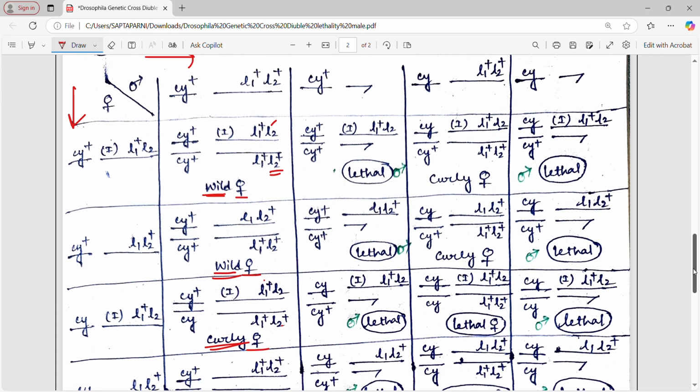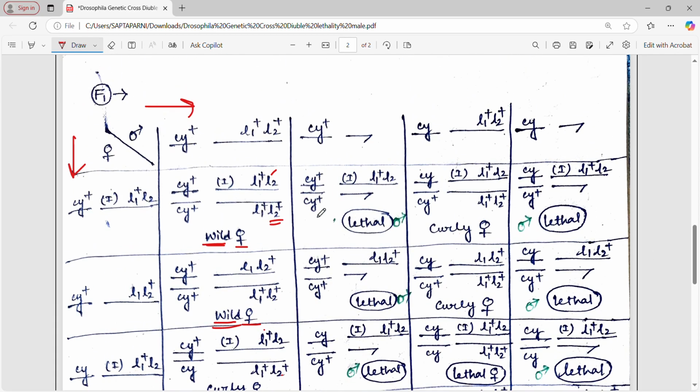Then CY plus CY, so it is wild type, but see here there is only an X and Y chromosome, and the only X chromosome contains L1 plus allele but no L2 plus allele, so it will be lethal. Due to absence of L2 plus allele, it will be a lethal male.